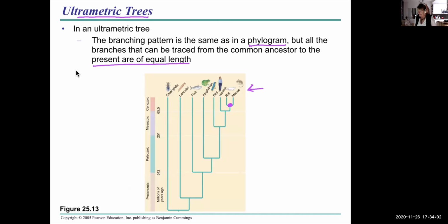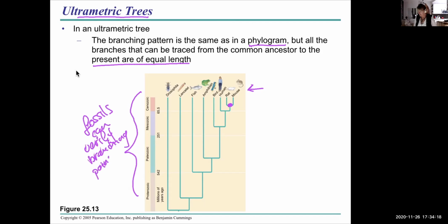And we can verify some of these dates by looking at fossils. So fossils can verify branching points sometimes and give us an idea of the absolute time when this branching may have occurred.